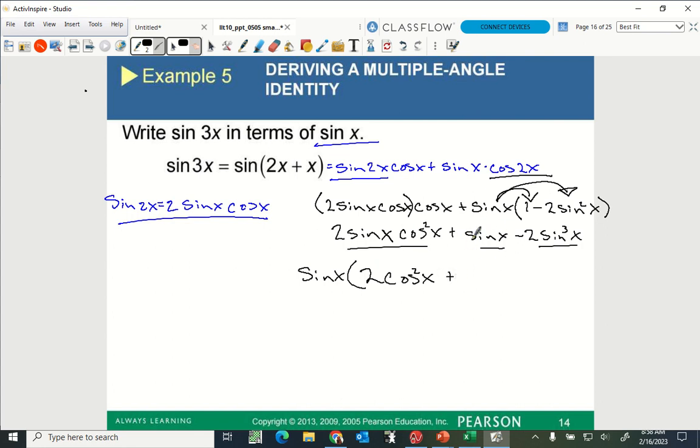So if I divide sine x by sine x, what do you get? 1, right? Okay. Now over here, minus 2 sine cubed. Does that have a sine? I could take out one of them. So it's going to be a sine squared x now, because I took out one of those.